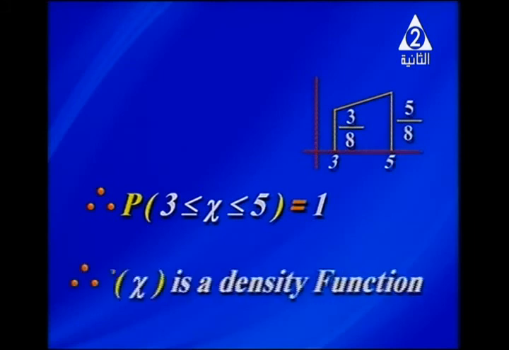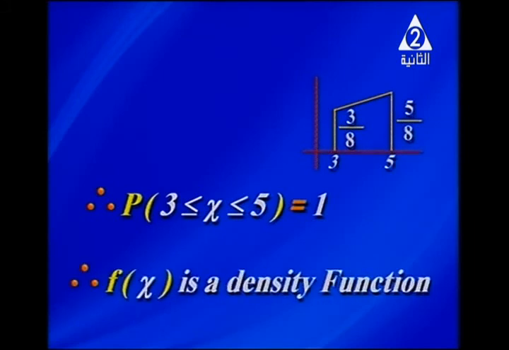What does that mean? The f of x is a density function. Then, dear student, when we prove that the function is a density, we must prove the probability in the closed interval 3 to 5 equals 1. We know that f of x is a density function.